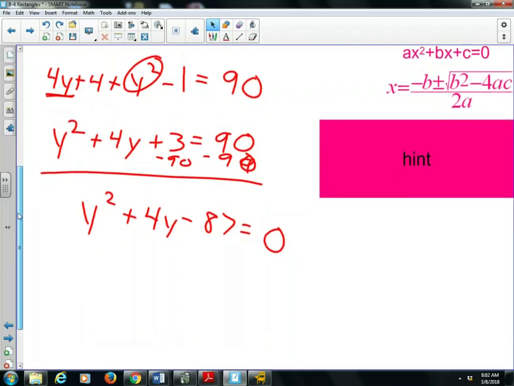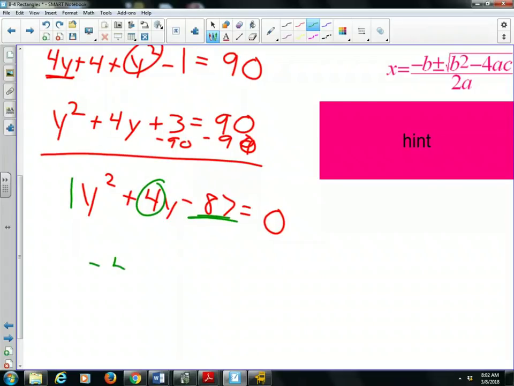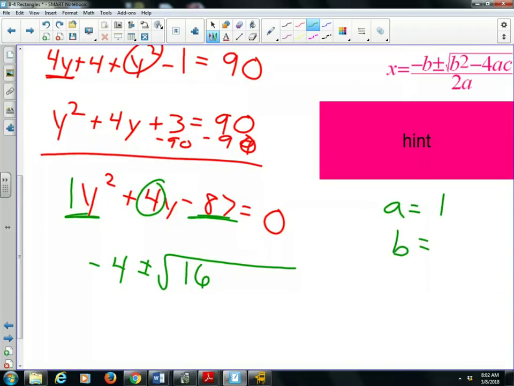If there's a squared term, a constant term, and a y raised to the first, we want to use the quadratic formula. So here we go. Negative b, plus or minus the square root of b squared. I should define this. a is the coefficient in front of y squared, which is 1. b is the middle term, which is 4.